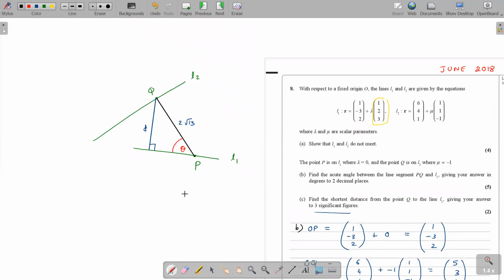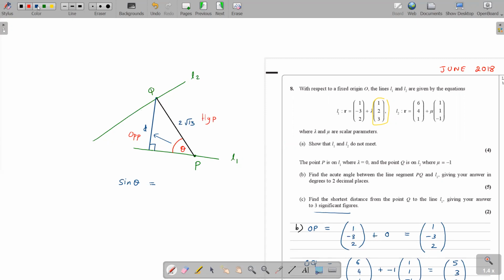Okay, so now let's get the D value. So how do we get D? This is a right angle triangle. You could use either the sine ratio, cos ratio, or the tan ratio. Which ratio works here? You can see we can go with sine theta. Sine theta is opposite over hypotenuse. Do you agree? The opposite is D here, and the hypotenuse is the side opposite the 90 degrees.